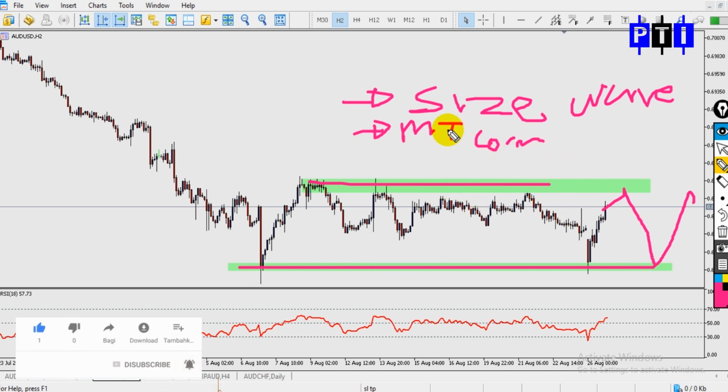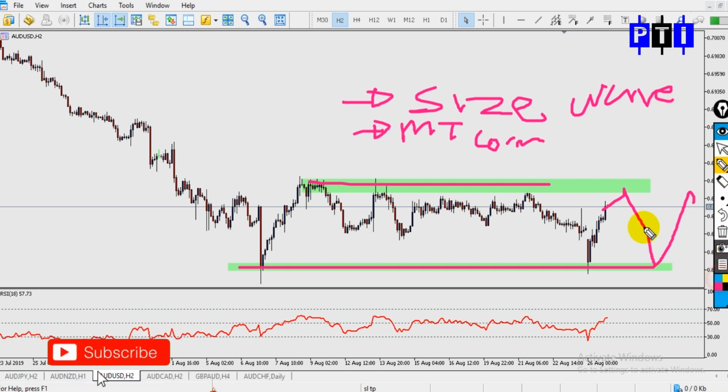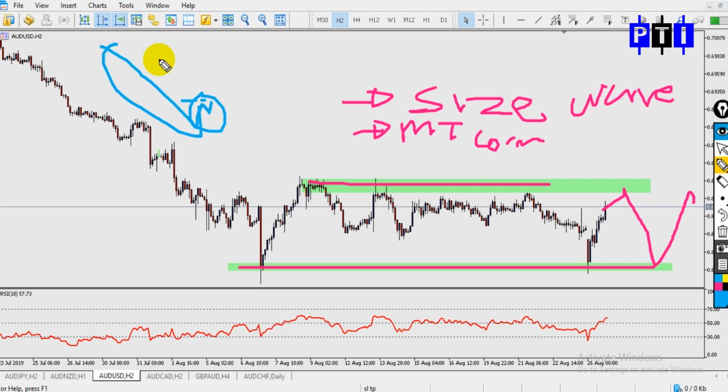What you need to focus on about the size of the wave is that I've seen a lot of people, when the market is doing this and it begins to do this and this again, people will say, okay, this is my resistance. Look at the size of this wave and the size of this wave.